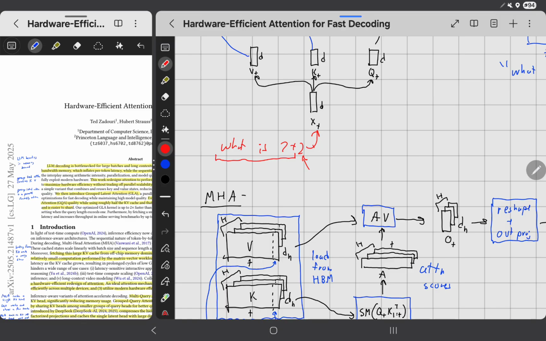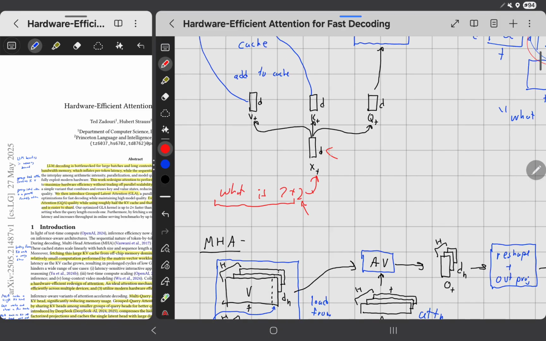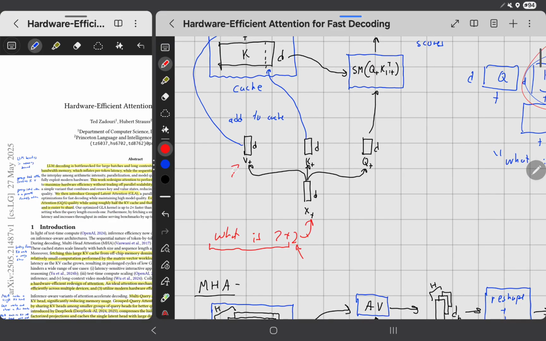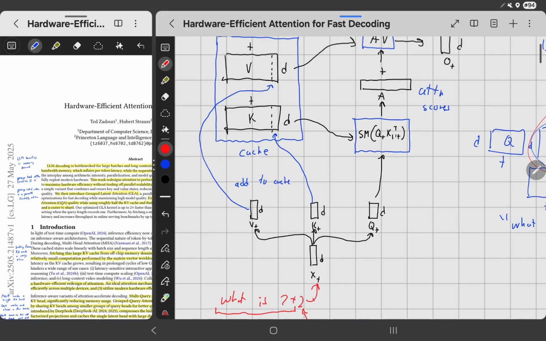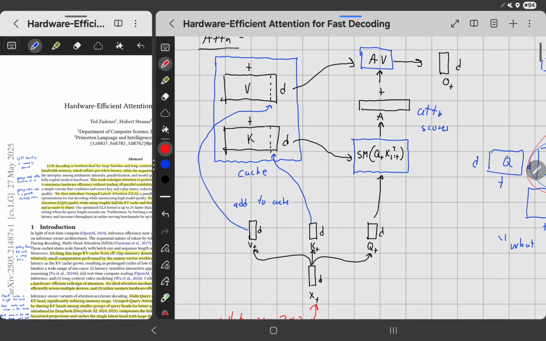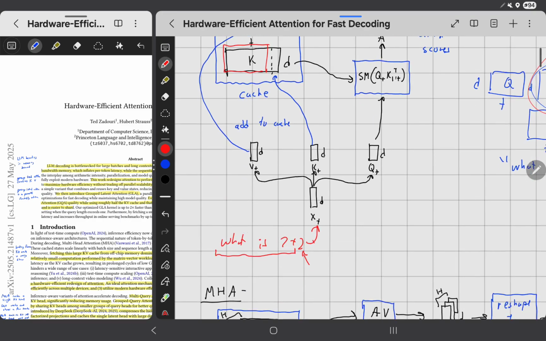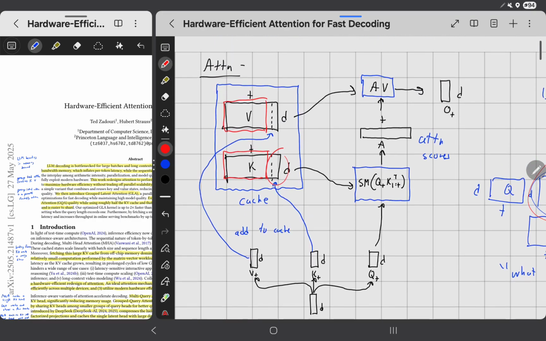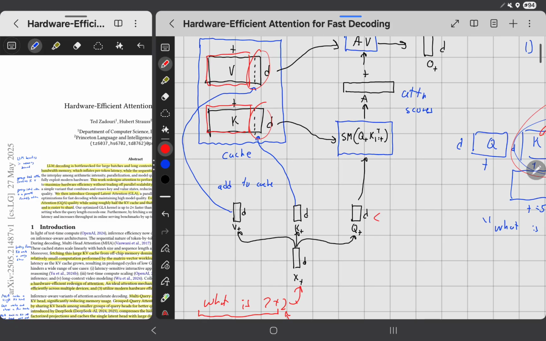We're decoding. We want the model to make a prediction on this token. We take the token and project it to our keys, queries, and values, and we add the keys and values to our KV cache. So these keys and values represent the prompt, and this extra token is the token for 2. And this query represents the token 2.